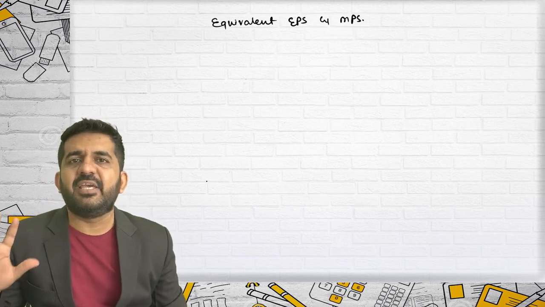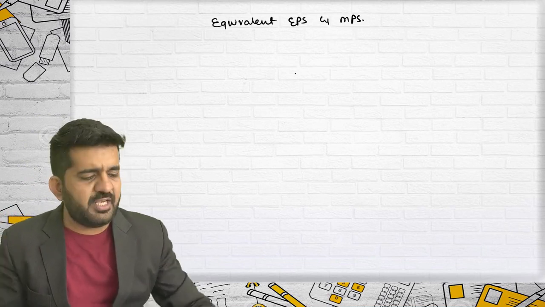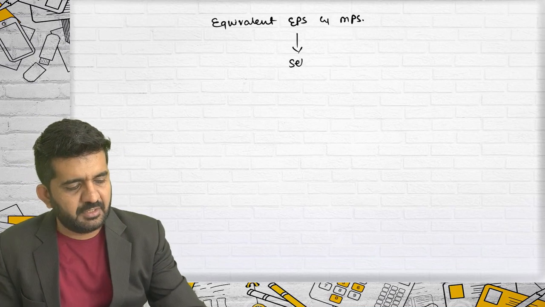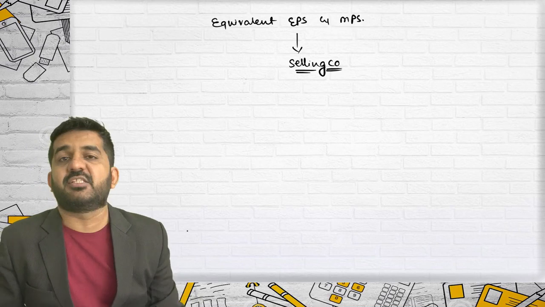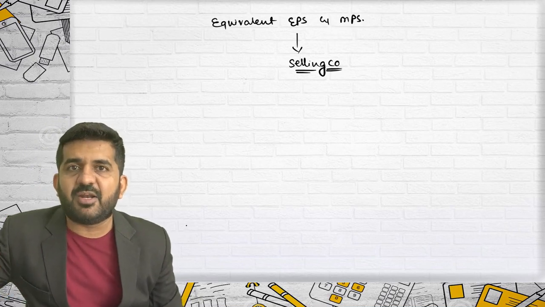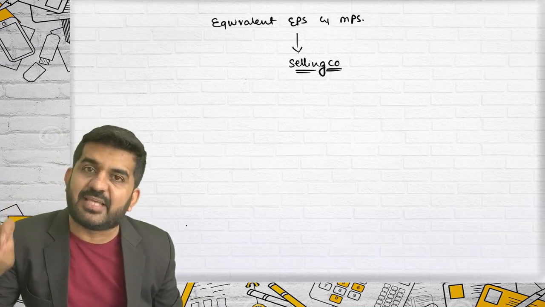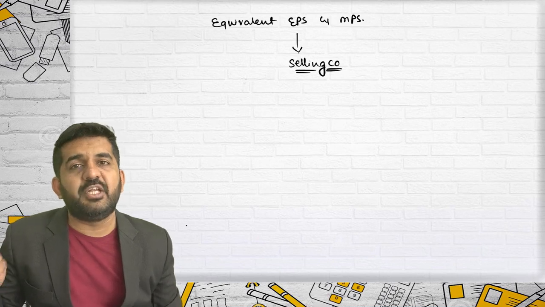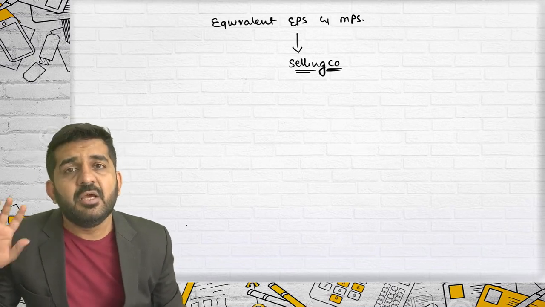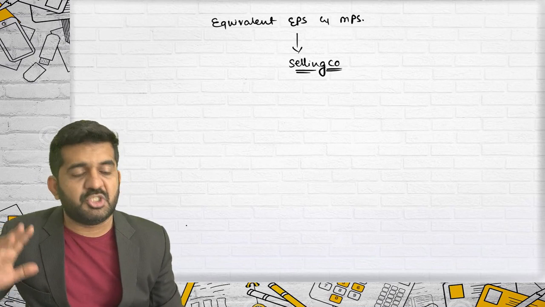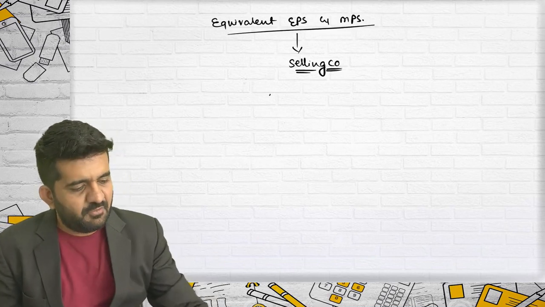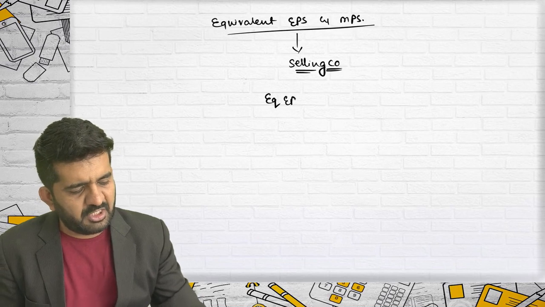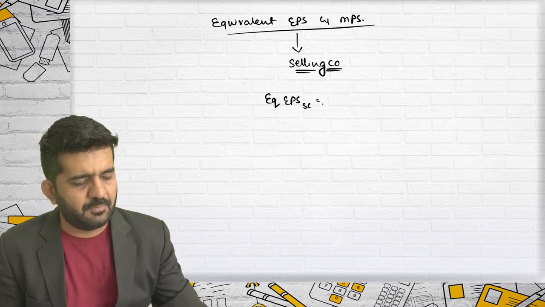EPS and MPS equivalent can only be of the selling company, because their number of shares is changing. First they were holding some number of shares in the selling company. Now they are holding another number of shares in the purchasing company. So the number is changing. So only the concept of equivalent EPS and MPS. First let me tell you how to find out equivalent EPS of the selling company.